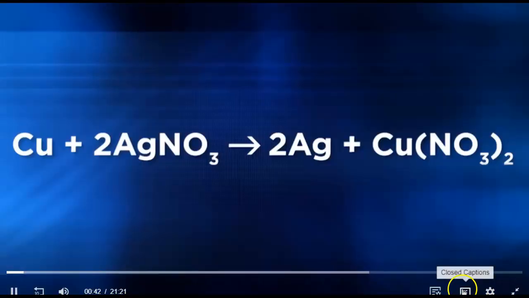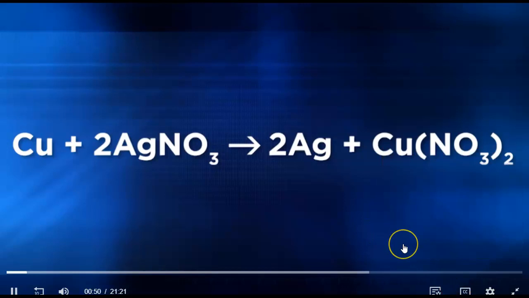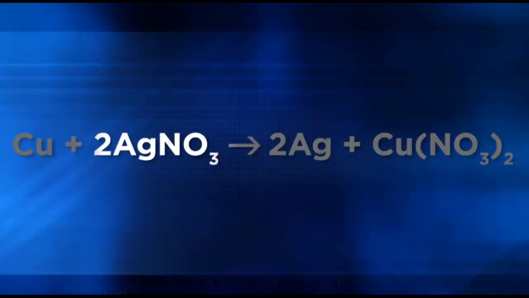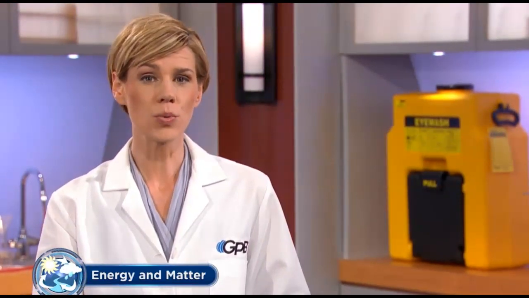For example, in this problem from the last video in the Unit 6 playlist, we calculated the mass of silver, but we didn't mention the other reactant, the silver nitrate, other than saying it was in excess, that was involved in the reaction. Since atoms and molecules must collide in order to react, the amounts of the reactants that we have before a reaction will dictate how much product can be produced.